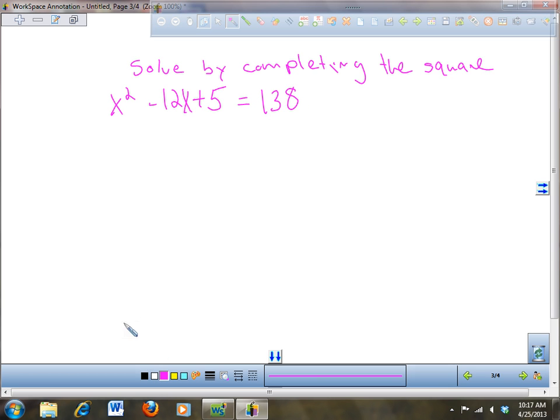So you'll see why I made this. I made up this problem so it would work out. And I think it works out. I was kind of tired last night when I was making it up, but I think it should work.